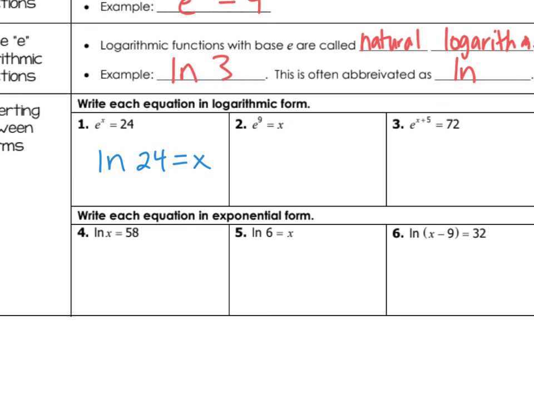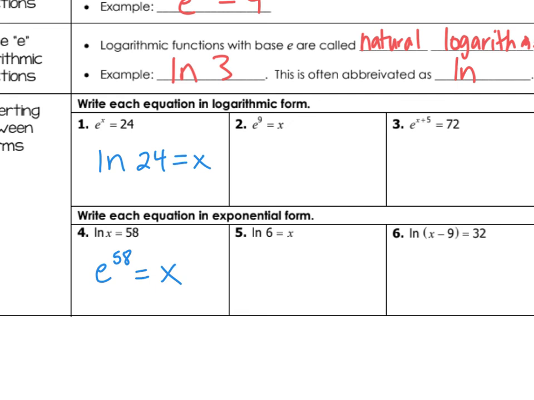Natural log of 24 equals that exponent, which is x. Same thing going the opposite way: e to the 58th power equals x would be how I wrote that one.